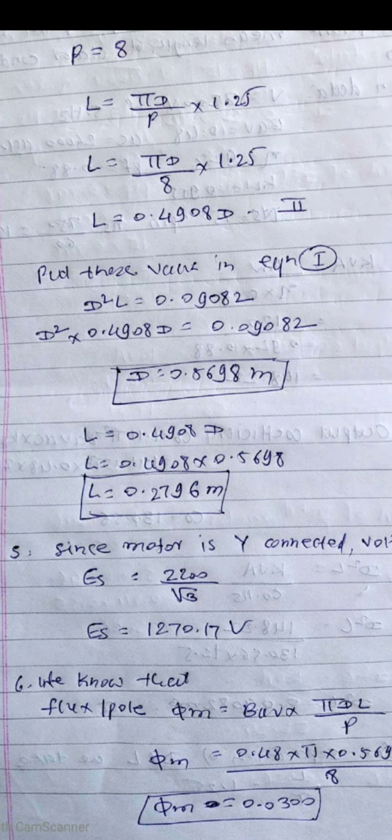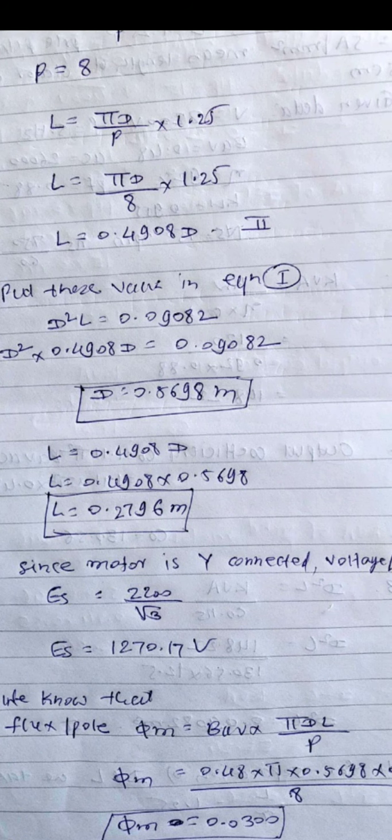Our motor is star connected, so the voltage per phase ES is equal to 2200 divided by root 3, which becomes 1270.17 volt.